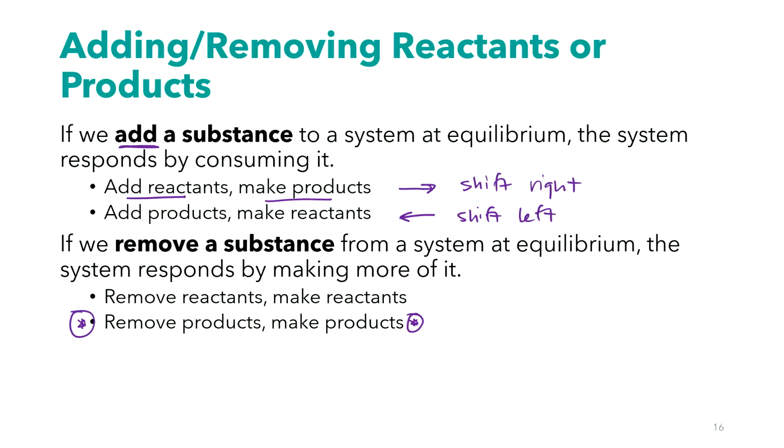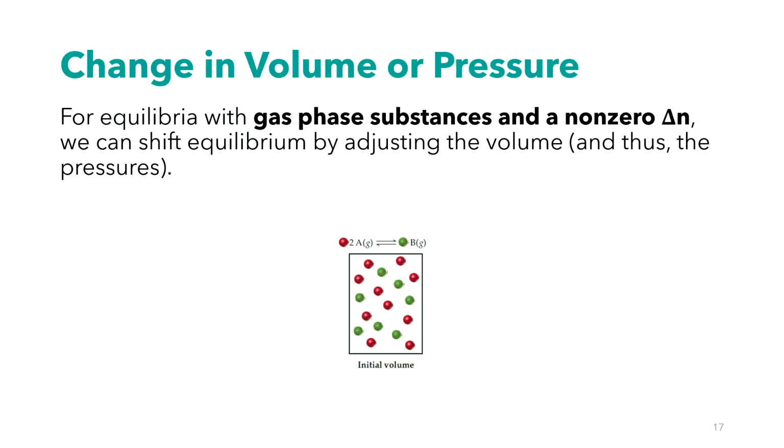Okay? So that's our one set of disturbances. We can mess with the amount of reactants and products. Now, we have another option. We can change the volume and thus the pressure.